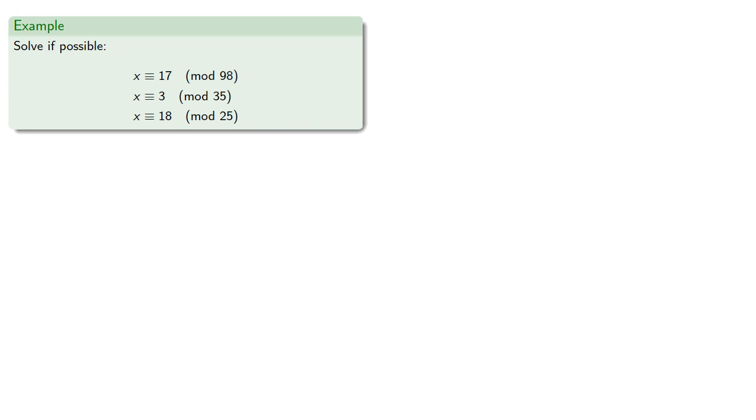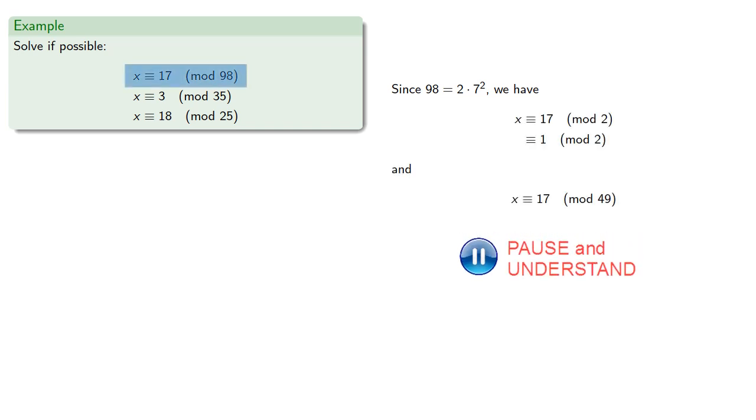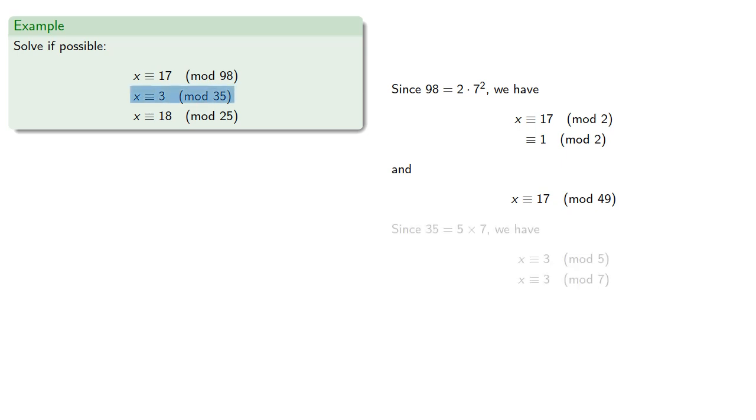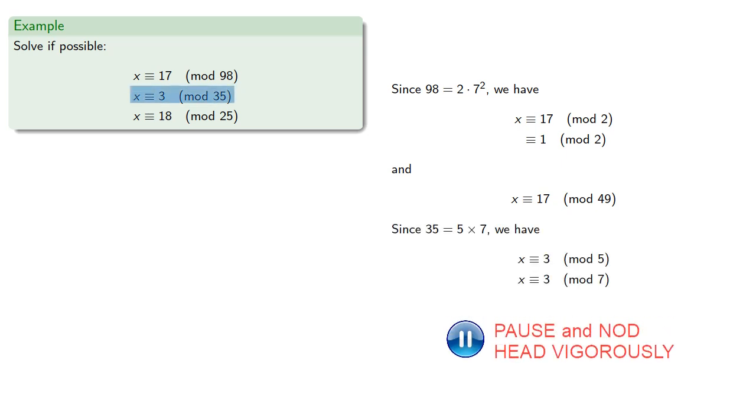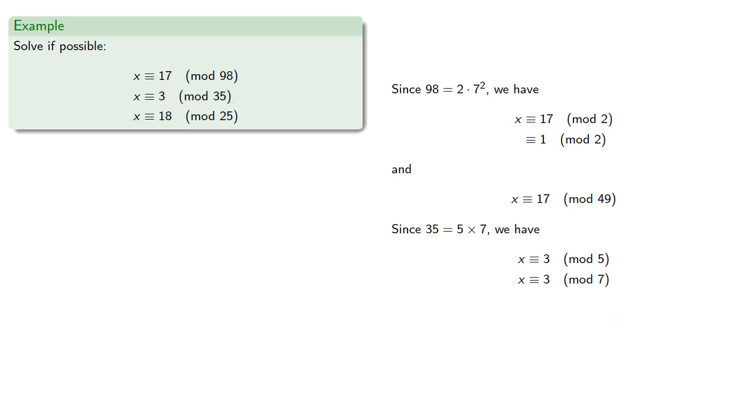And so this means we can rewrite our system of congruences. So 98 is 2 times 7 squared, so we get, 35 is 5 times 7, so we have, and 25 is 5 squared, so we just keep that.